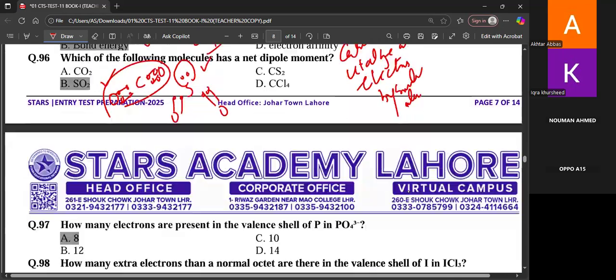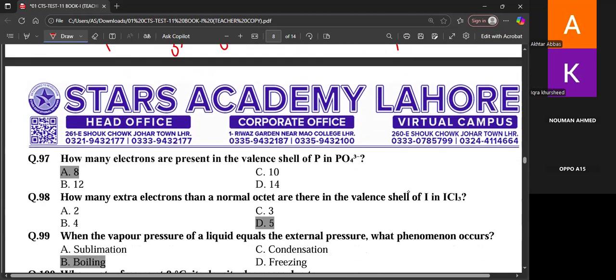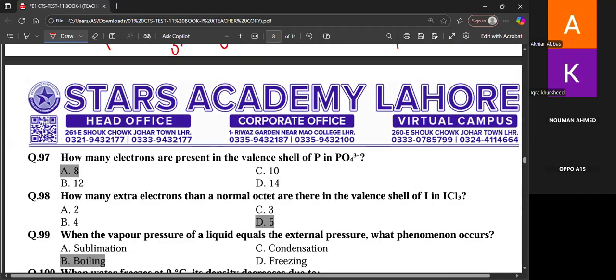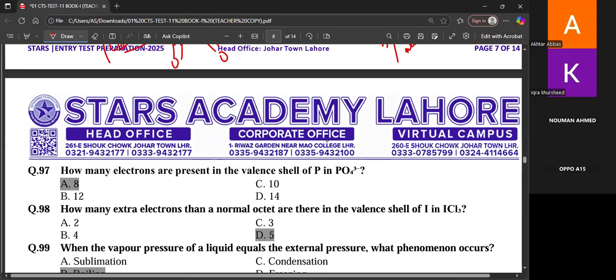Okay. Next MCQ is 97. How many electrons are present in the valence shell of phosphorus in PO4 3-? How many valence electrons? You know that phosphorus belongs to which group? Phosphorus belongs to group 5A.